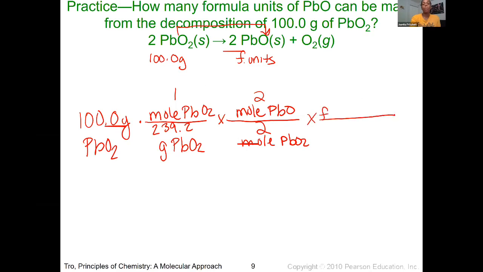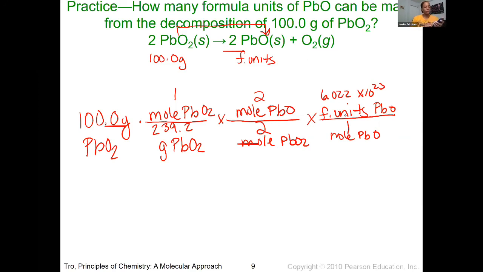And remember the formula units we're using because lead 2 oxide is an ionic compound. And so we know we don't say molecules, we say formula units. So it'd be formula units of PbO compared to moles of PbO. So again, get to moles first, mole to mole ratio, then continue on. So to fill this in, I will put 6.022 times 10 to the 23rd is to 1 mole.